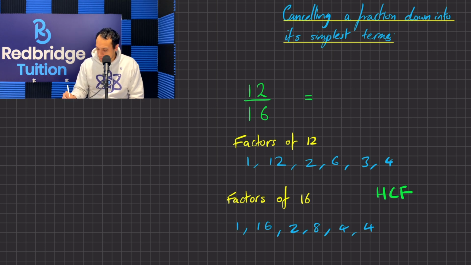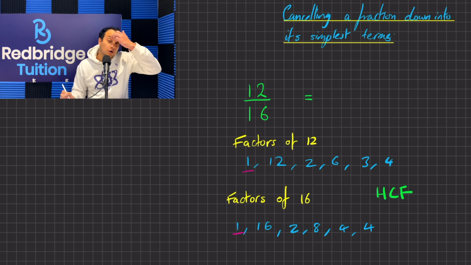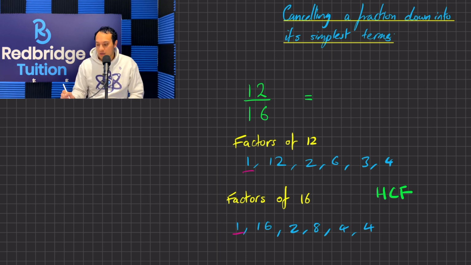Now you can see 1 and 1 are common, but that doesn't help us cancel anything down. So 1 will always be a common factor, but it doesn't help us cancel anything down. 2 and 2 is a factor, getting better, but we can go even better than that. We've got 4 and 4, the highest common factor.